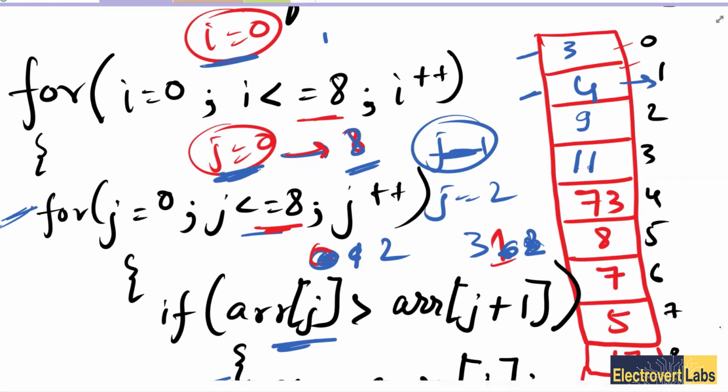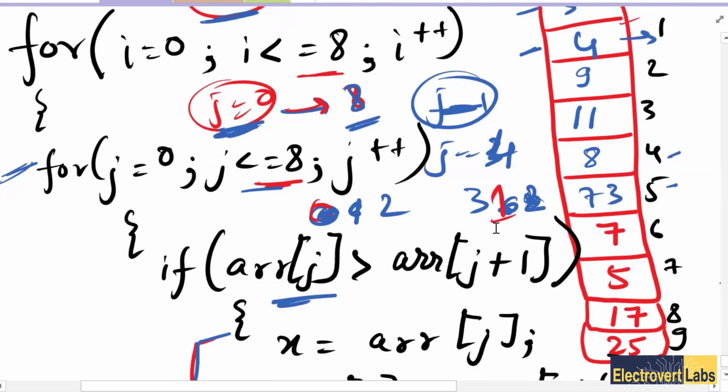Now it should be clear to you that this thing will again happen. See, for j equals 3. So is r3 greater than r4? 11 greater than 73? No. So they will remain as it is. Then j equals 4. r4 greater than r5? Yes. So they will be interchanged. So 8 will come here and 73 will come here.